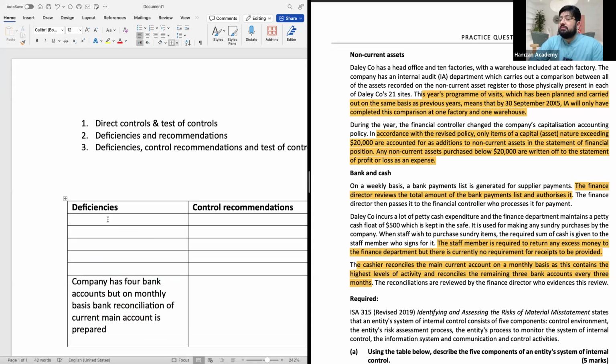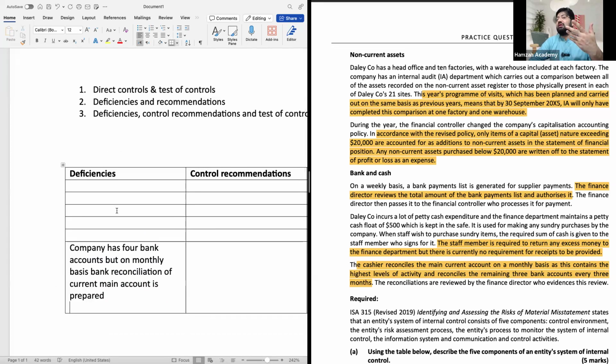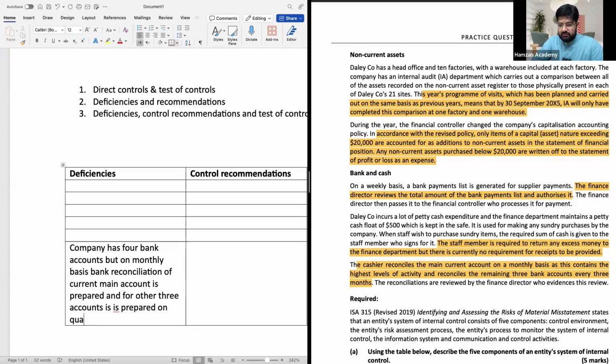Now you have to explain what can go wrong in the company, in accounts, in financial statements. For the other 3 accounts, it is prepared on a quarterly basis.